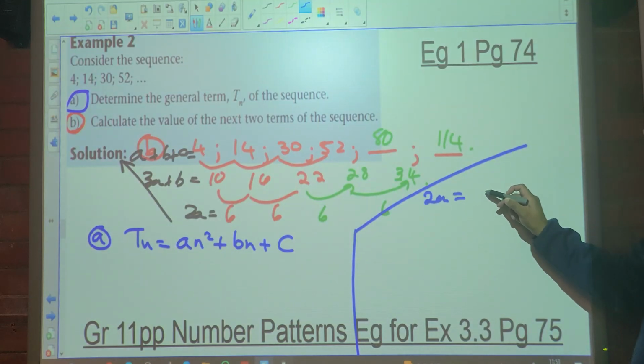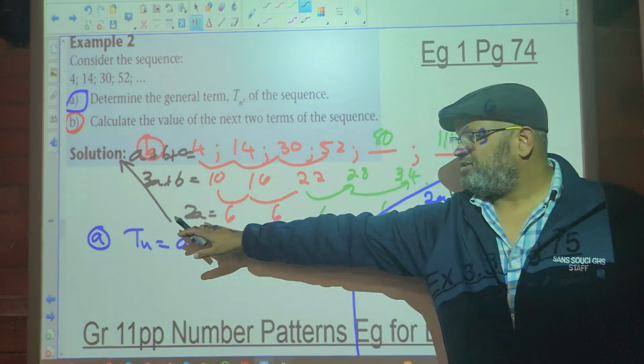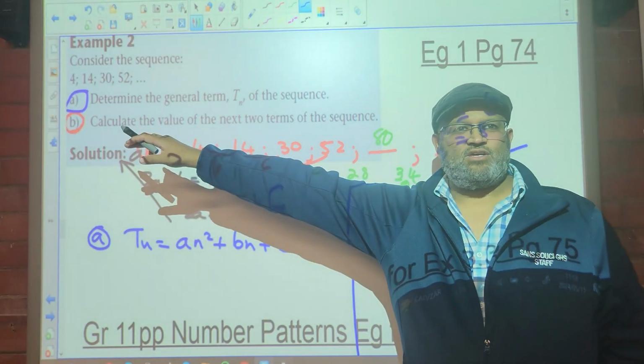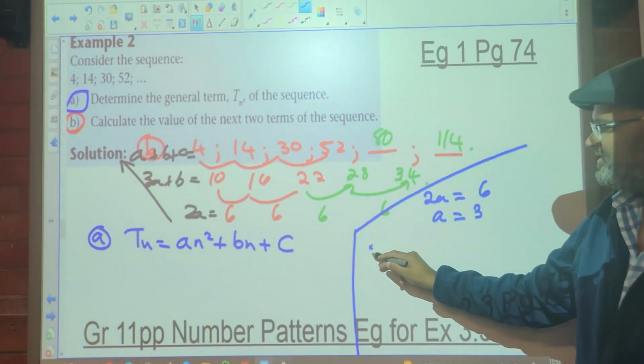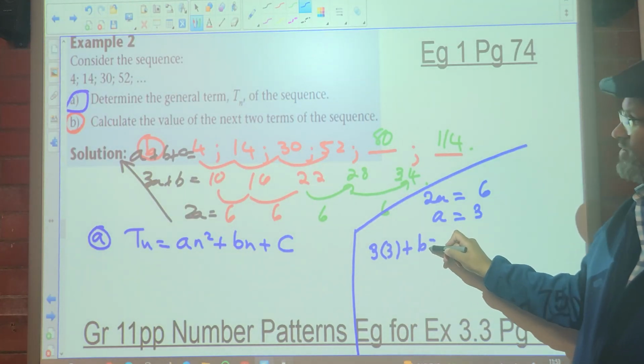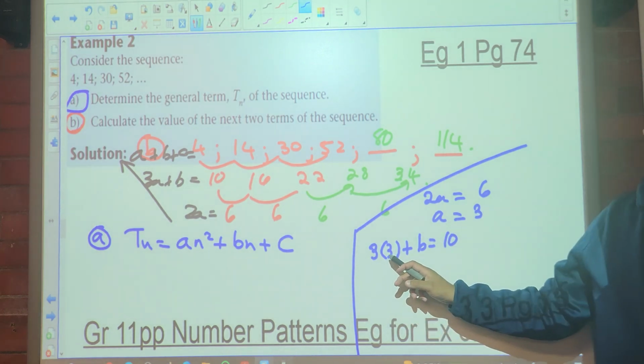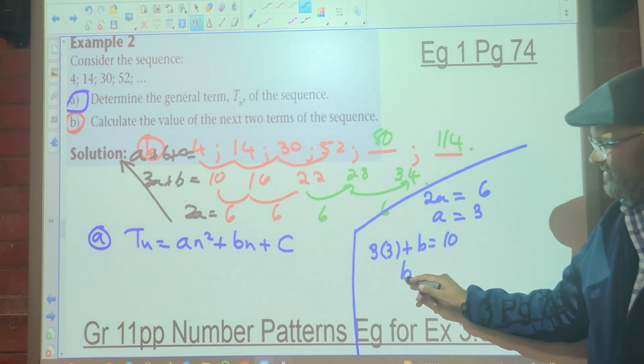So what do I write? 2a equals 6. So a is equal to 3. So my a is sorted. Let's go with the next one. 3 times 3 plus b is equal to 10. 3 times 3? 9. 10 minus 9? 1.